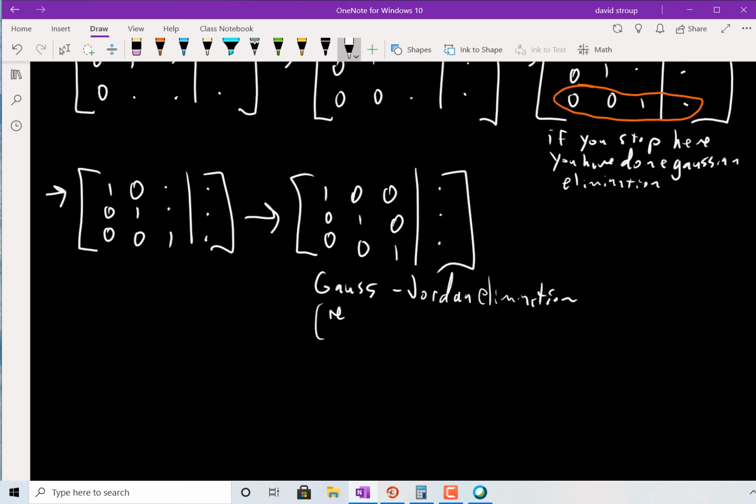Okay, so this is the reduced row echelon form. Okay, reduced row. They used to call it row reduced echelon form, when the order doesn't really matter. Echelon form. Okay.